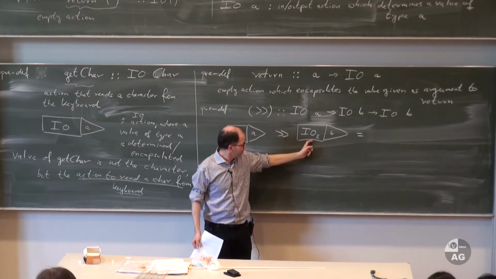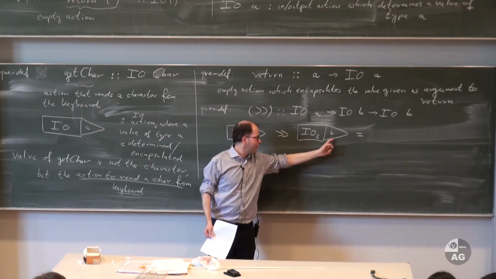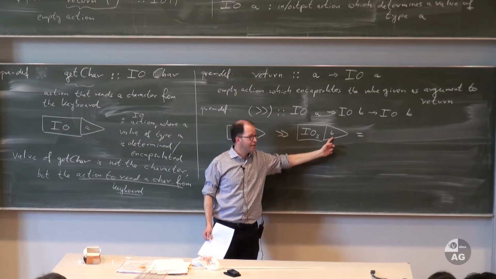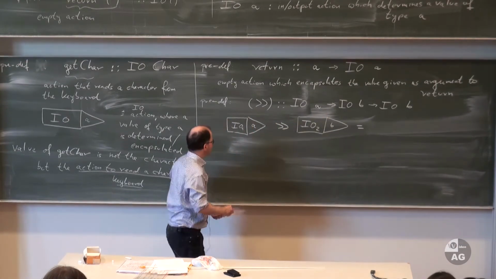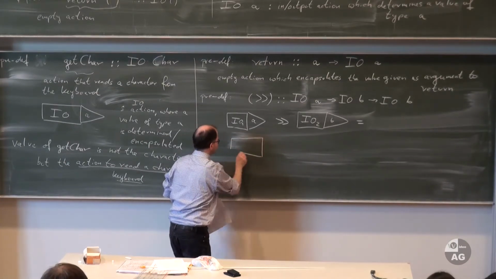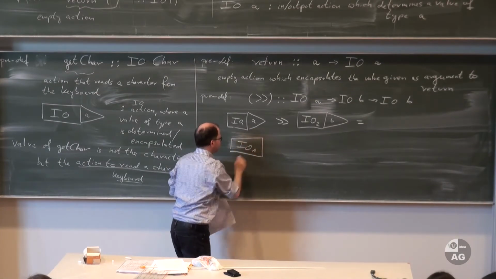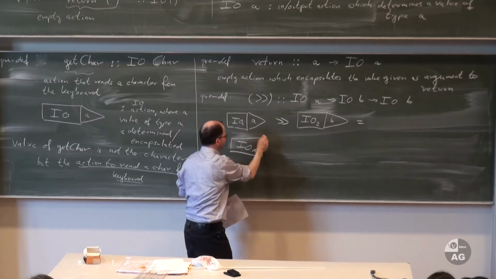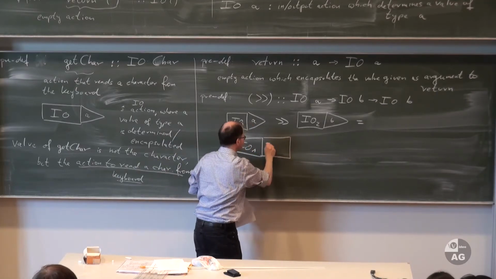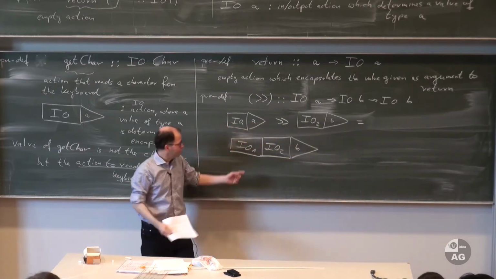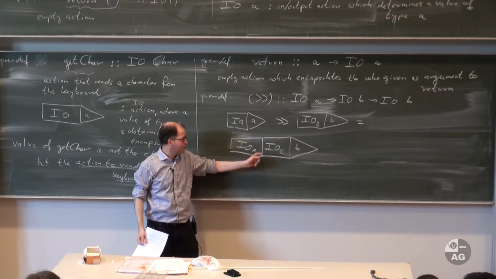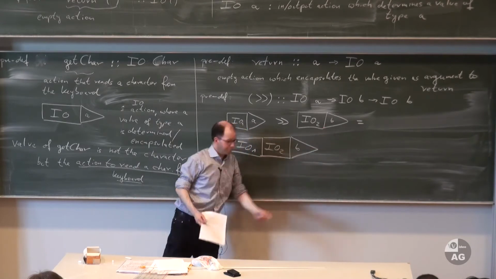Then it performs the second action, and the value that was determined in the second action is the value that is determined in the composed action. So if you compose them, it first does the first IO action, ignores the value that was determined here. Then it does the second IO action, and the value that is determined in this composed IO action is the one that was determined here.